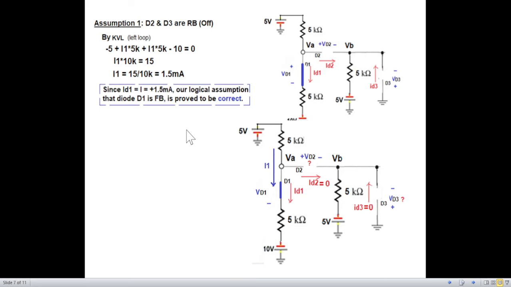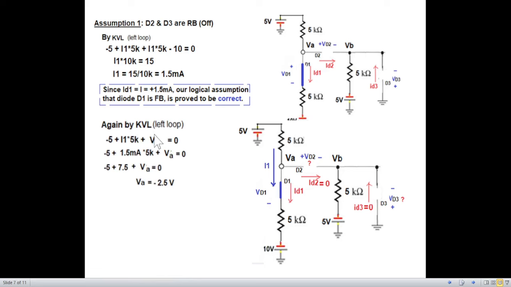Now, just a point here: since ID and I1 are the same, 1.5 milliampere, our logical assumption that D1 is forward bias is proved correct, because the current is flowing from the top to the bottom, from the anode of the diode to the cathode. Therefore, this is forward bias, just on the sideline.